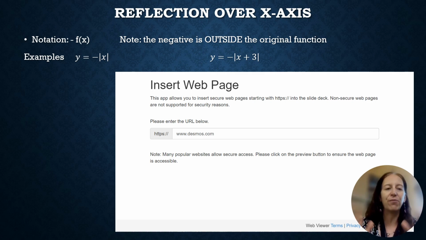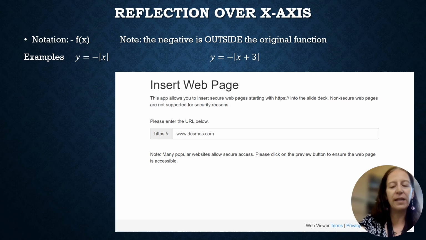Okay, so if the original function was y equals the absolute value of x, we're talking about putting the negative in front of the absolute value, outside of it, as opposed to inside of it, which is something that you will look at for your homework. Taking a look at this, once again, I'm going to throw in that parent function.